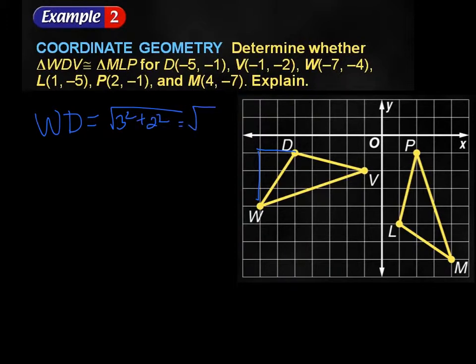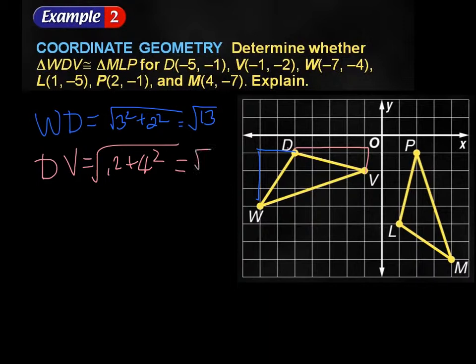That's going to be the square root of 9 plus 4, which is 13. Then we could do DV. That looks like 1 squared plus 4 squared. So I get the square root of 17.